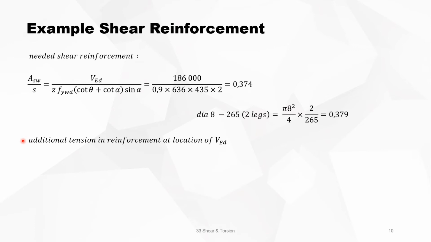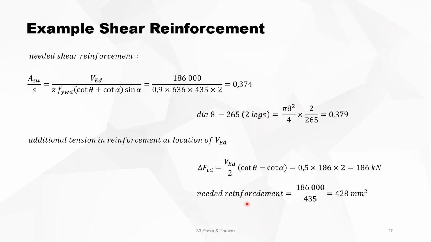And then we look for the additional tension in the reinforcement at the location of VED. The delta F is then VED divided by 2 and multiplied by cotangent theta, because cotangent alpha is 0, so it means it's 186 kilonewton.